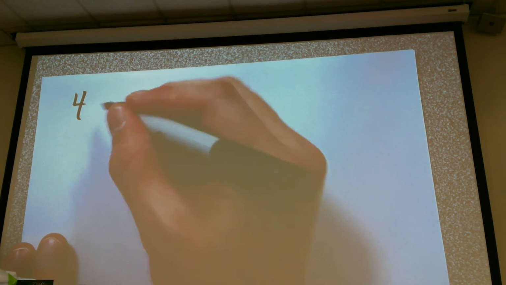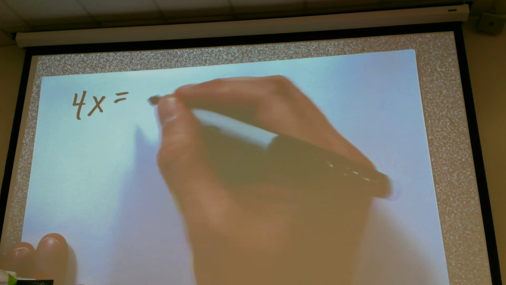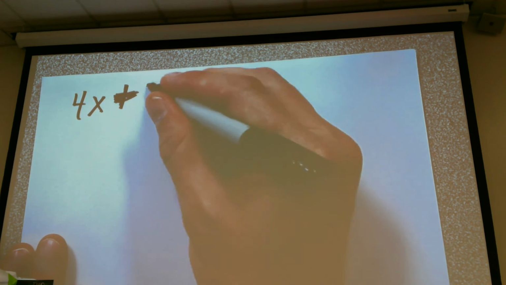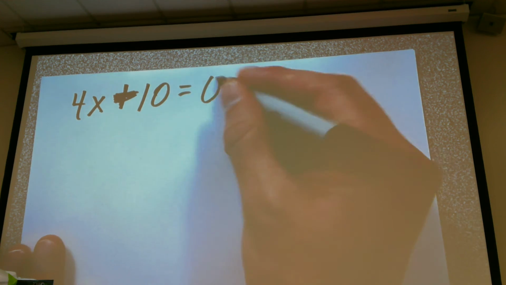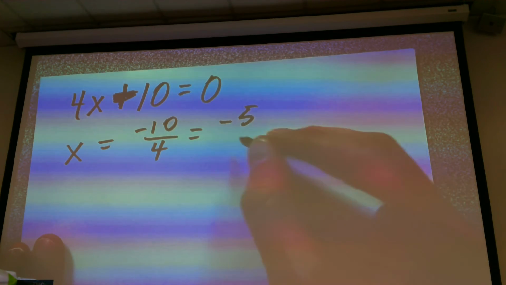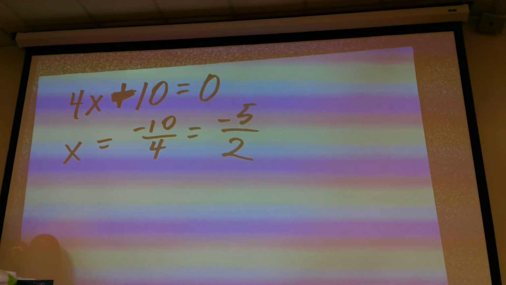What we're really asking at this point of the problem is, well, 4x plus 10 equals 0. So x would equal negative 10 divided by 4, which is the same thing as writing negative 5 divided by 2.